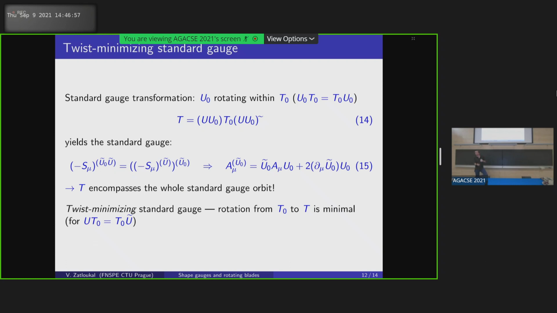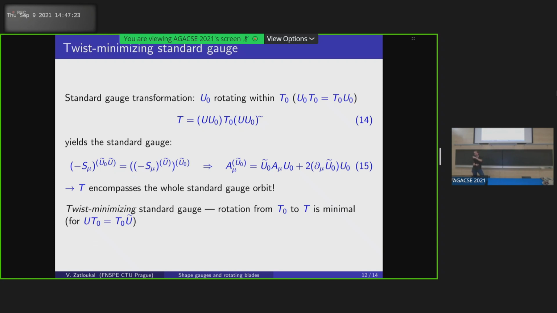I mean, there are a lot of standard and gauge words in the talk, but I'm trying to maybe present more than I can. Anyway, the moral is that in some sense from a certain T of X function, for a certain distribution of these rotating planes, we get the whole standard gauge orbit.